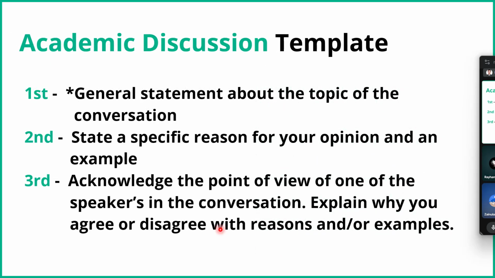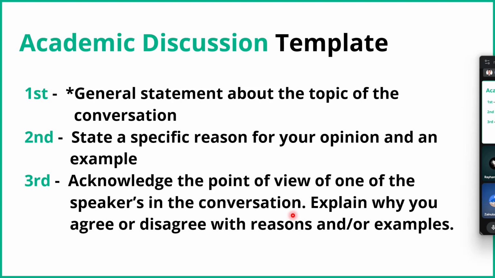After stating the reason and at least one example, we will go ahead to the contribution section. In the third step, we will acknowledge the point of view of one of the speakers in the conversation. Acknowledge simply means we will show whether we agree or disagree with one of the students.